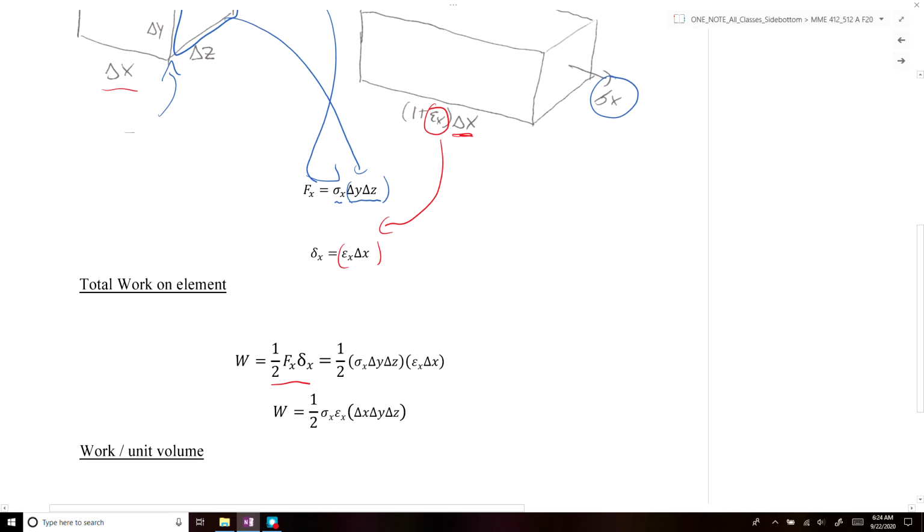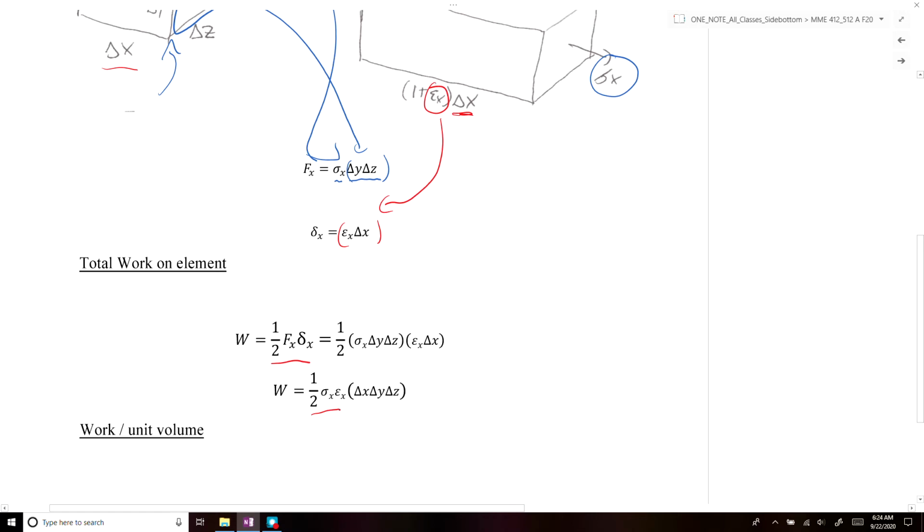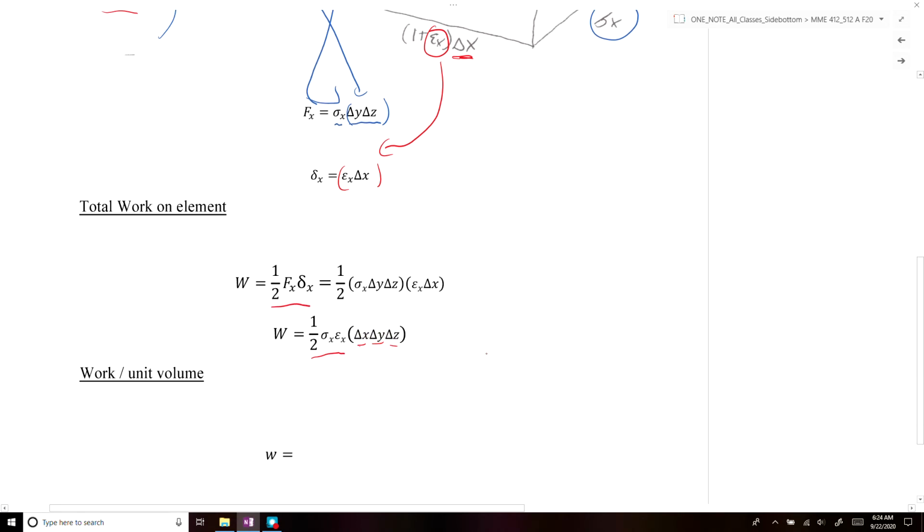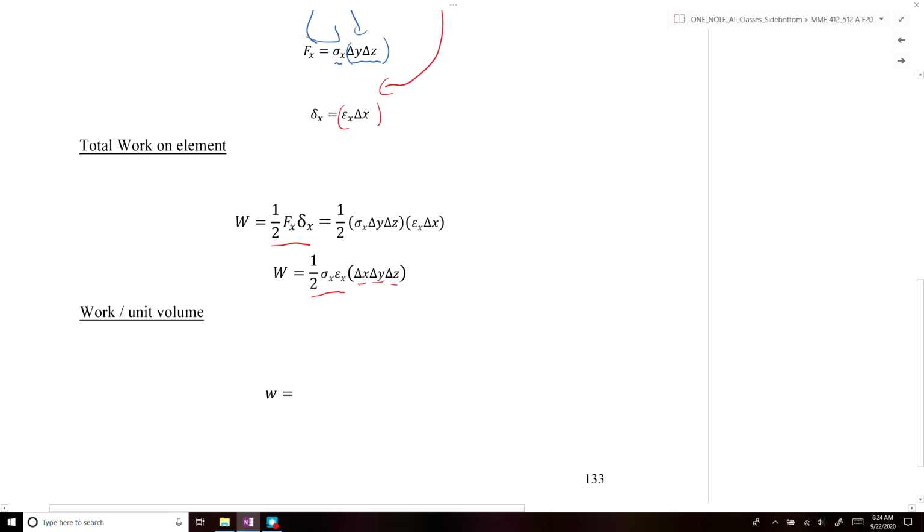What we end up getting is 1/2 times the stress times the strain times delta x, delta y, and delta z. That delta x times delta y times delta z is the volume of our element.